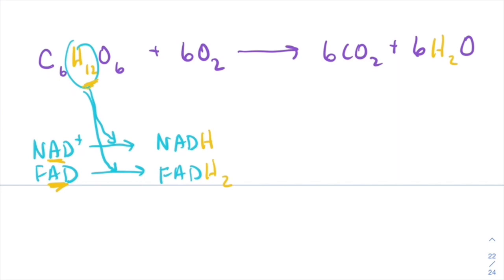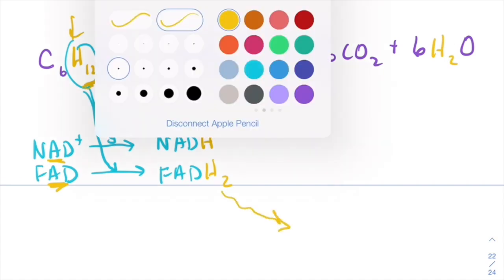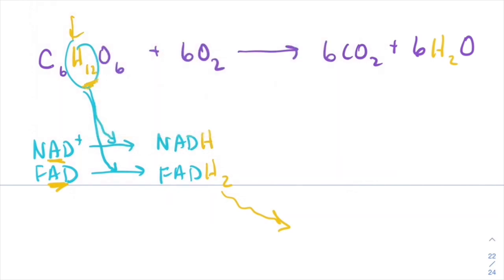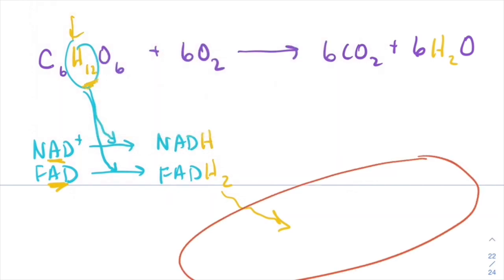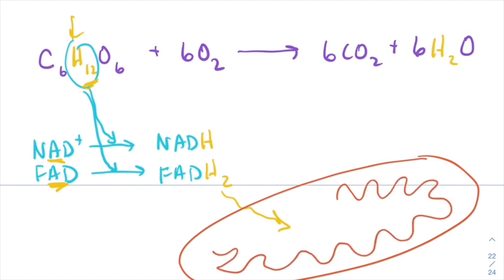Then they bring those hydrogens that came from glucose, and that's why I'm putting them in yellow here, into the mitochondria. Let's color the mitochondria in orange. Remember, the mitochondria has 2 membranes, like that.